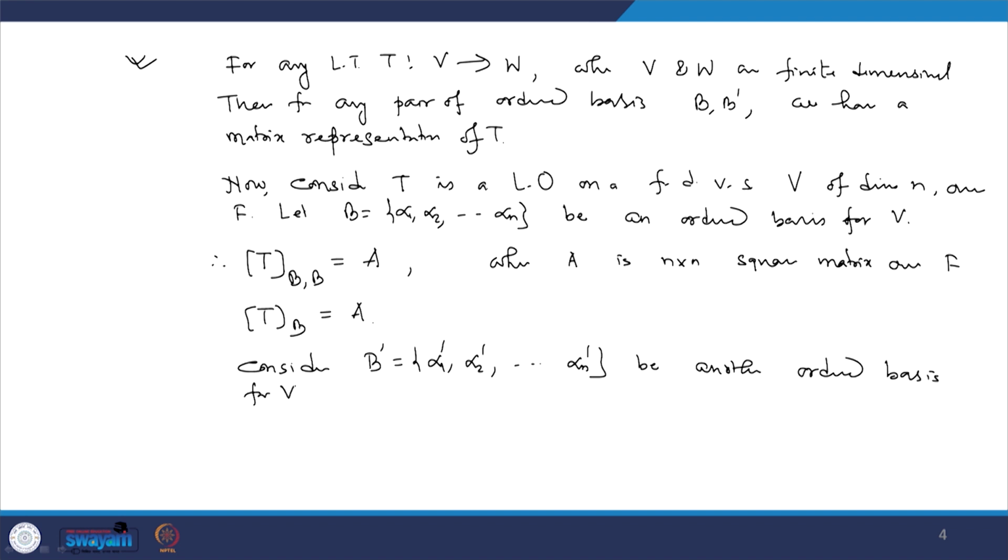This is for B. Let the matrix representation of T related to ordered basis B prime be simply the B matrix, which is also an n cross n square matrix over F. Now we are curious to know whether any relation between A and B exists or not.